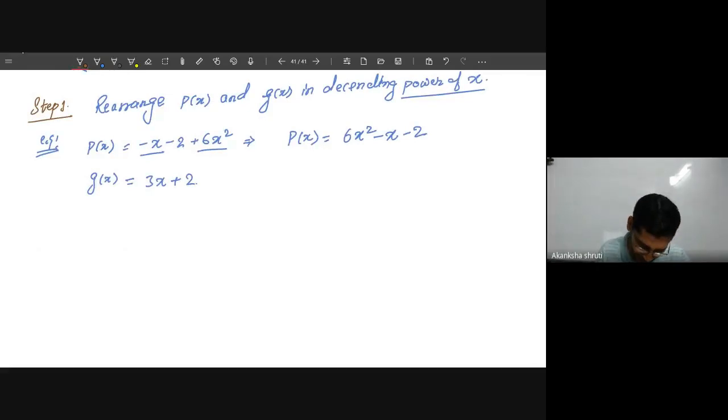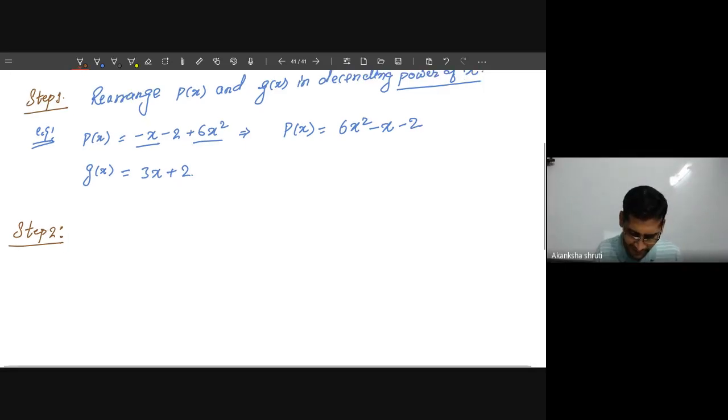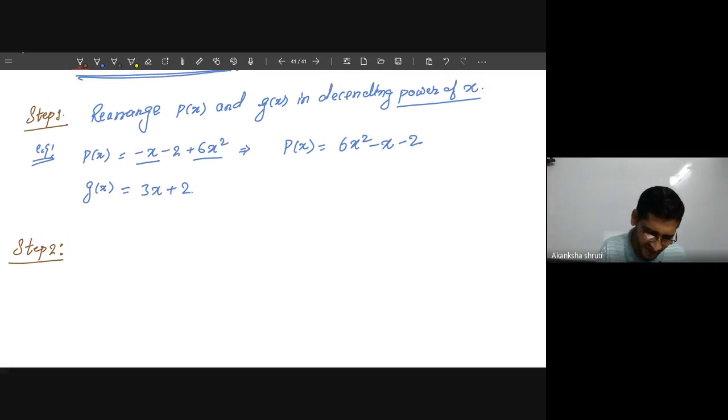Now coming to step number 2. Students, for step number 2, the way we write the division of numbers, the same thing you have to write. So you have to write p(x) and g(x). We want to calculate this p(x) by g(x).